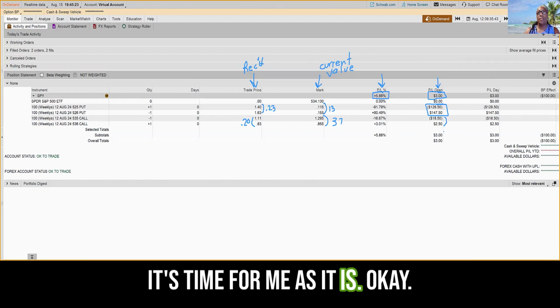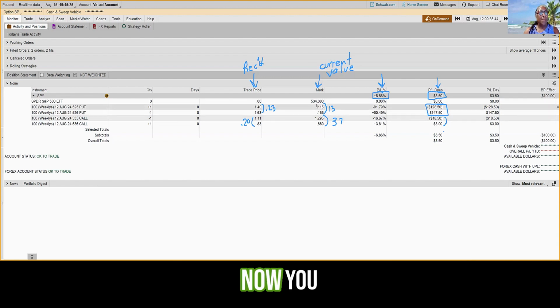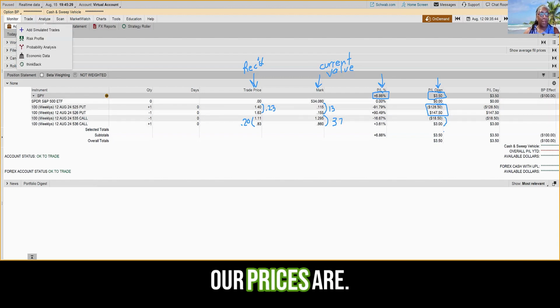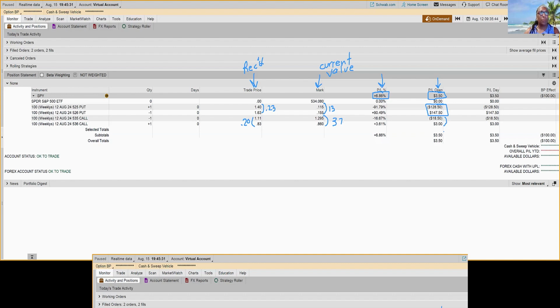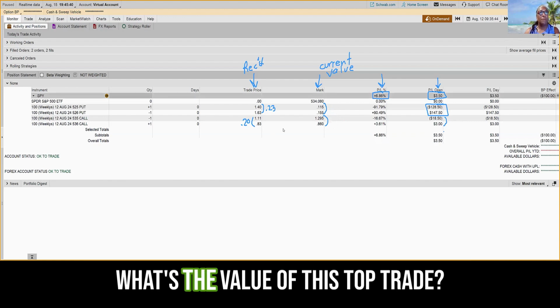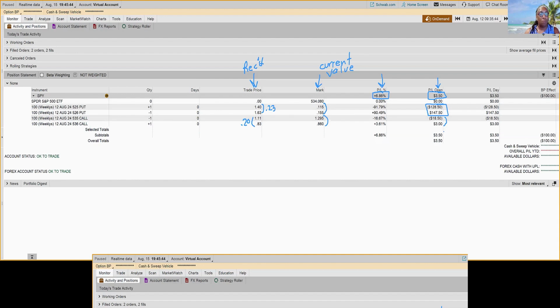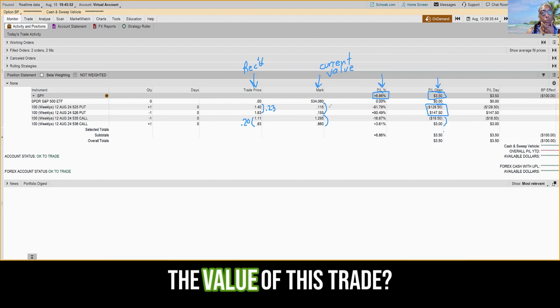Is time moving? Yes, it is. Okay. Now, you all look at this and tell me where our prices are. What's the value of this top trade? What's the value here? The value of this trade?